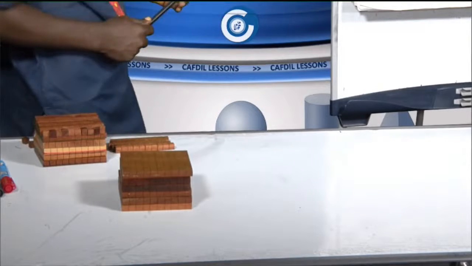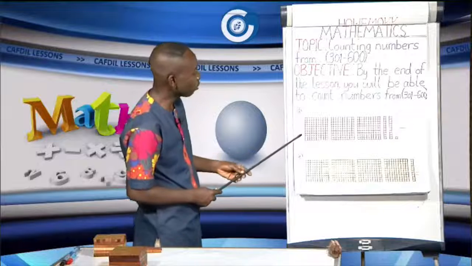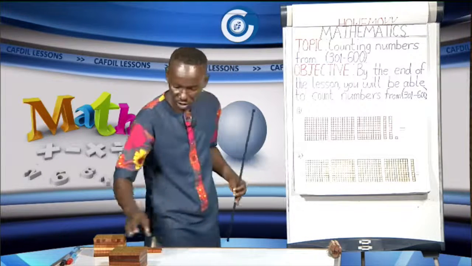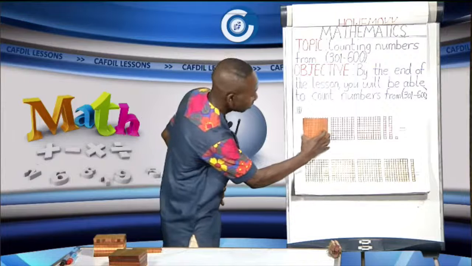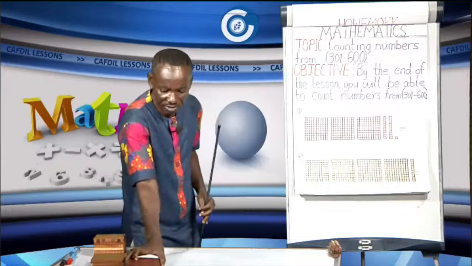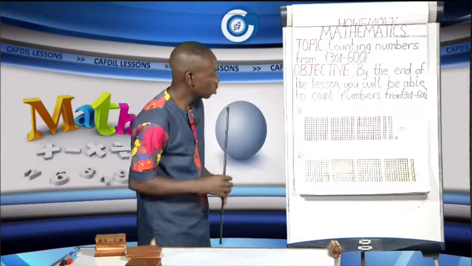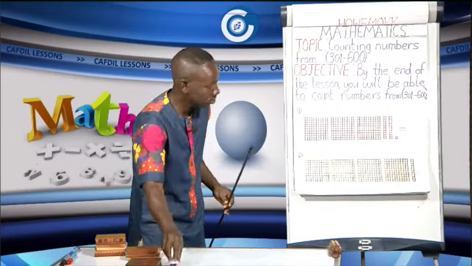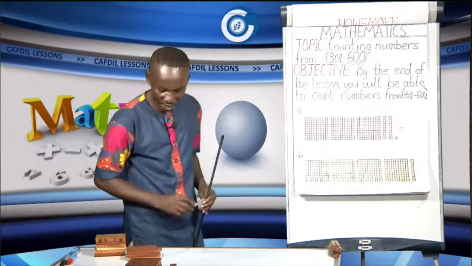Now, let's come to our chart. For number 1, we have 1, 2, 3. We have 3 flats. So 3 flats. 1, 2, 2 longs. And then 1 cube.